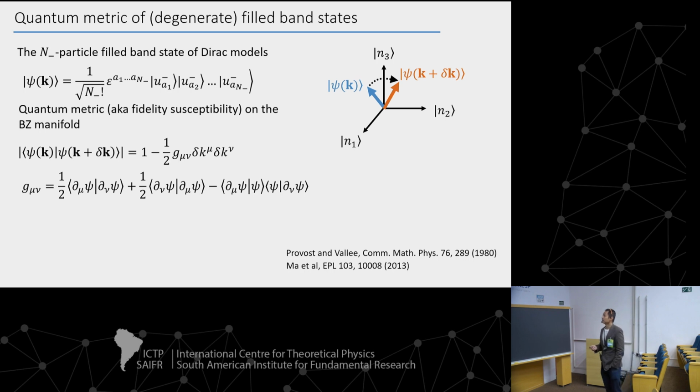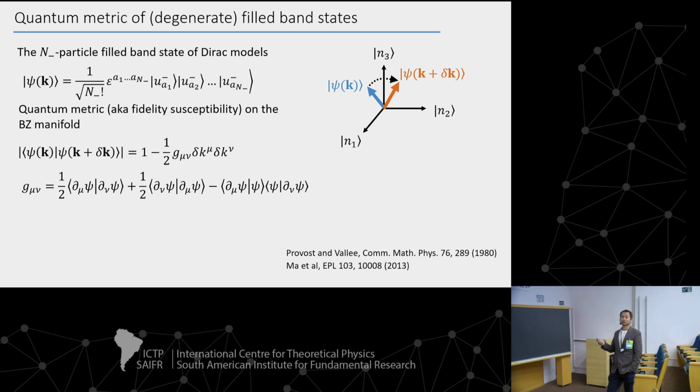Because these valence band states, you can visualize as a unit vector in the Hilbert space. So it's going to point in some direction in the Hilbert space. For instance, if you have a 3-dimensional Hilbert space, it's a unit vector that points in some direction. Now, once you go to a slightly different momentum, then this unit vector is going to rotate to a different direction.